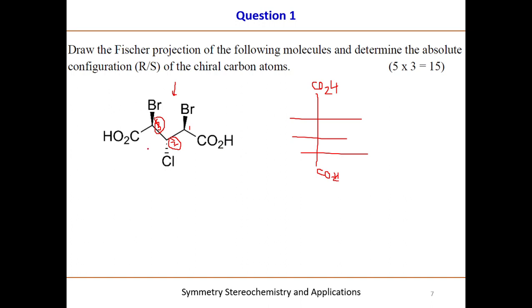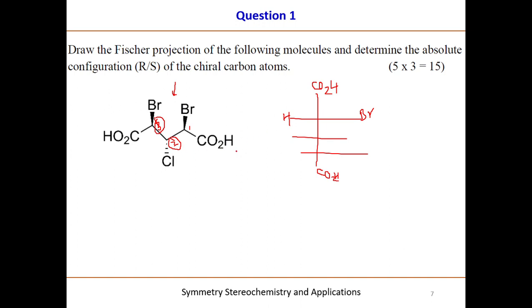That's why I am writing in this way. A plane of symmetry is present in this molecule. So here the bromine group is on the front side above the plane. That means I have to write bromine here on the right side. Right? Now the hydrogen group is present below the plane, so it will be on the left side.